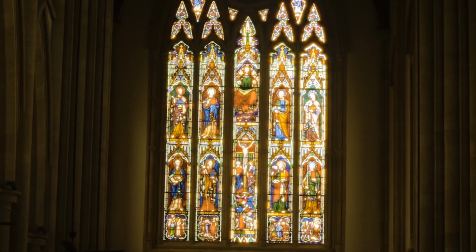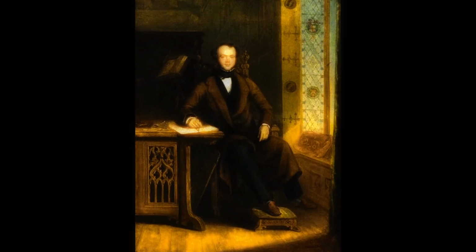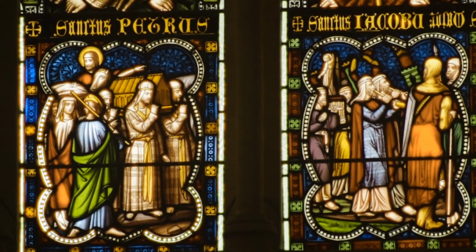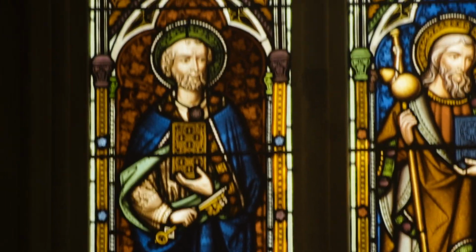But the highlight of the church, though, are the 150-year-old stained glass windows above the altar and entrance that came from William Wales, one of England's most accomplished stained glass manufacturers. Each pane of glass is a testament to the diverse communities that this building represents. The windows themselves are a work of art.